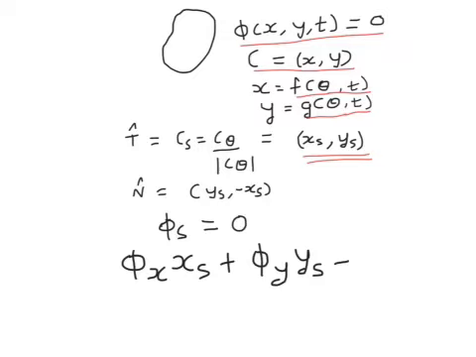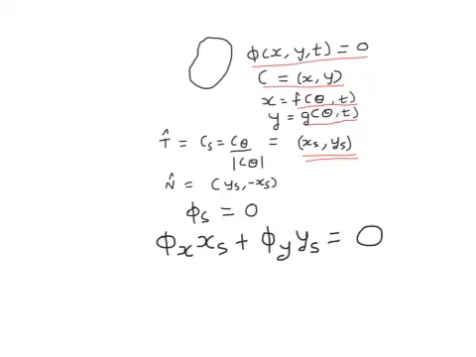Right now we are considering it without time, so this is equal to 0 because t is constant. You could think of this as phi of x comma y, and then we are taking the derivative of that with respect to s. t is not there because right now we are not changing time.